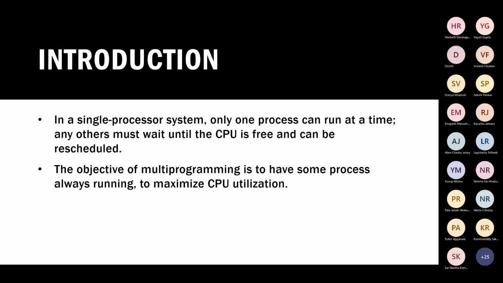The objective of a multi-programming system is to have some process always running to maximize CPU utilization. So the job of CPU scheduling is to allow multiple processes to work efficiently and to make the time as short as possible.